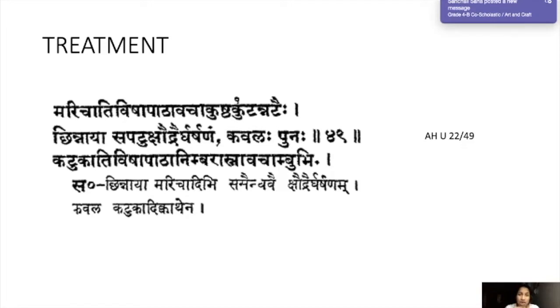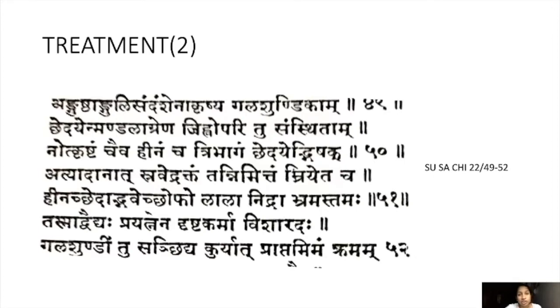After Chedana, Karshana can be done using Marija, Adivisha, Pada, Vaja, Kushta and Kudannada along with Saindava and Kshaudra, and Kabala can be given using the Kvada prepared with Kaduka, Adivisha, Pada, Nimba, Rasna and Vaja.